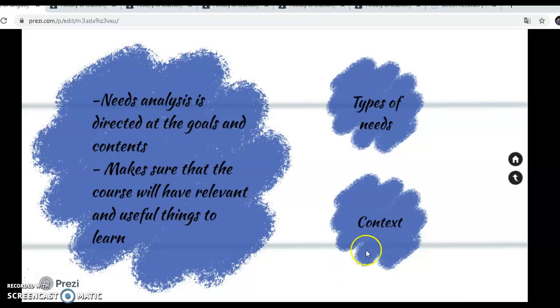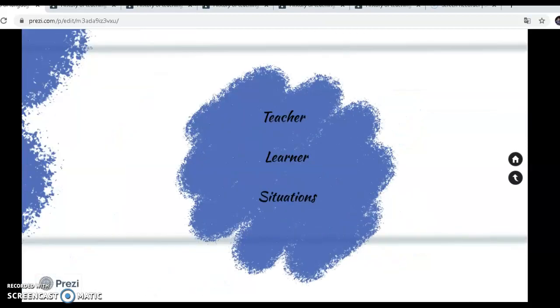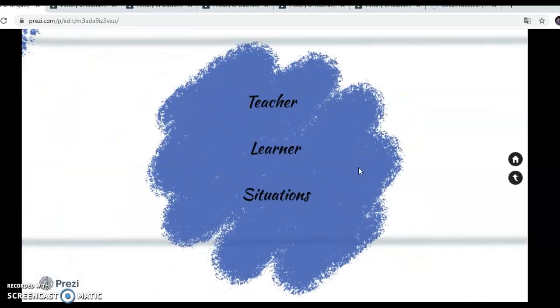It is necessary also to take into account the context, focusing on the teacher, the learner, and the situations. The teachers bring a high motivation to implement new strategies.